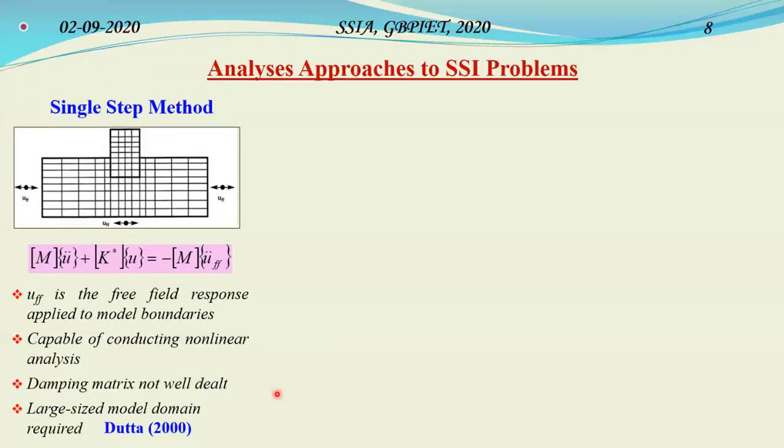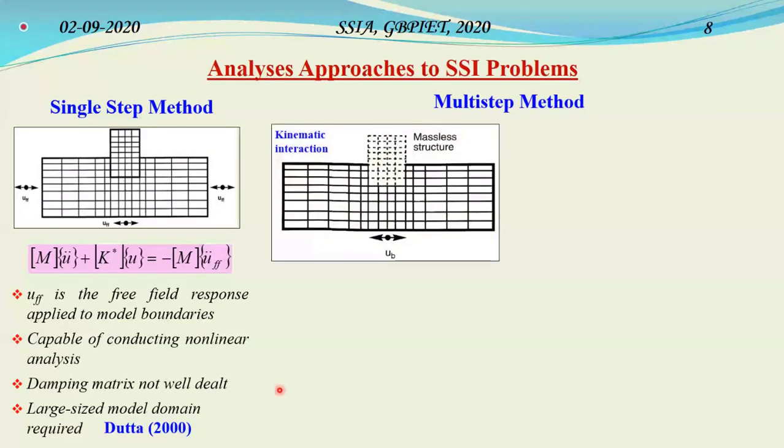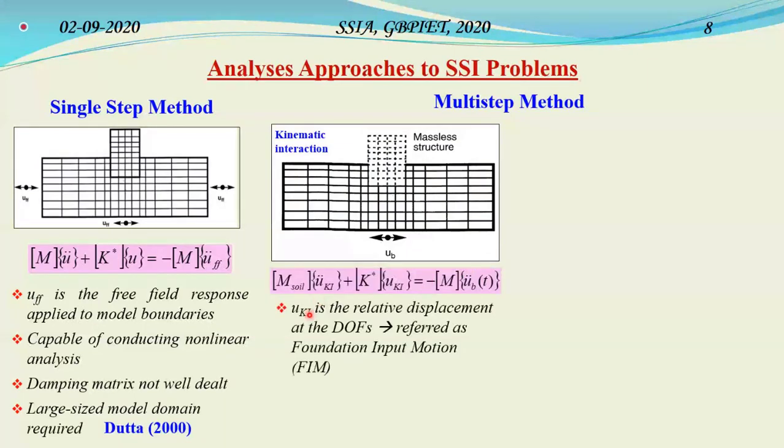The second approach, which is more common, is a multi-step method, where first the kinematic interaction is looked into. Remembering our previous discussion, in the kinematic interaction we have the soil domain, we have the structure which is massless, and we use the base deformation at the bottommost boundary of this domain and try to find out the relative displacement at the degrees of freedom.